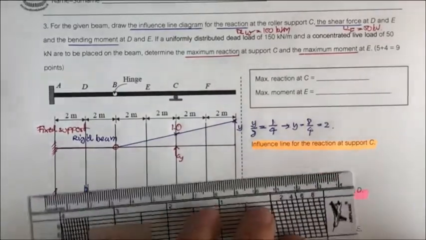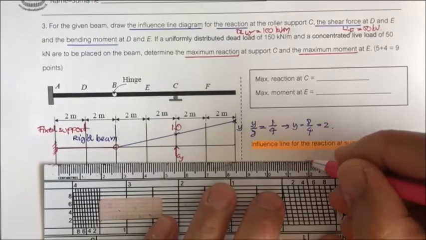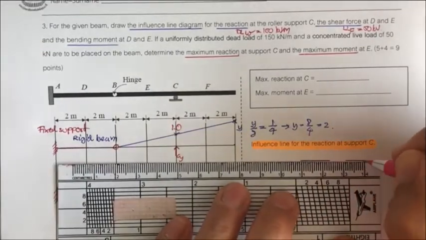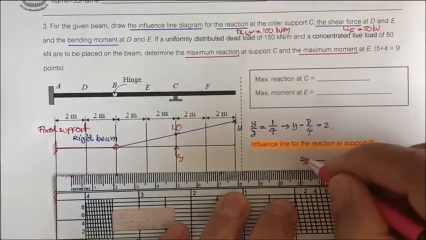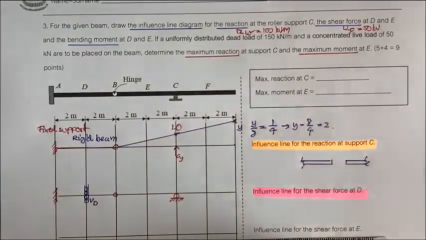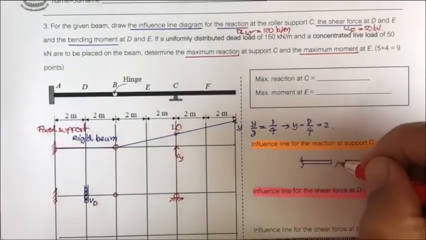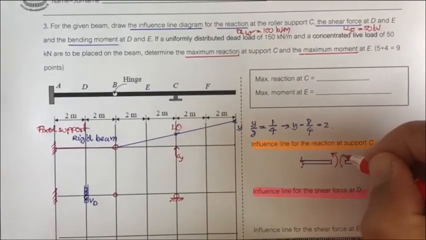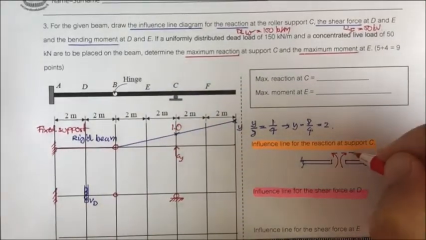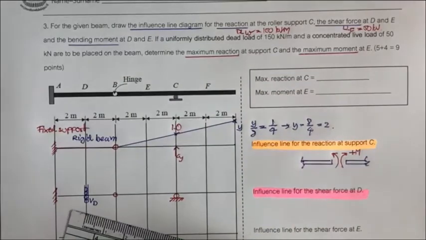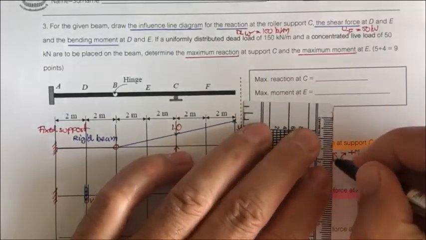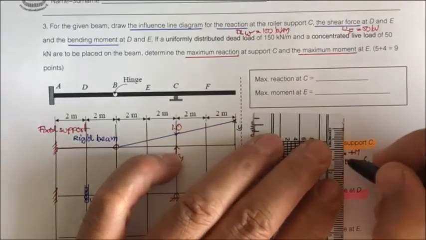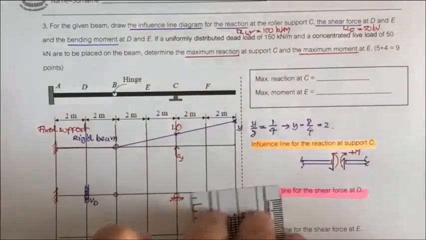We should also recall that if we cut a section of a beam, say a very long beam, you get the moment like this to be positive M. And the shear force on the left is going downward, on the right is going upward.